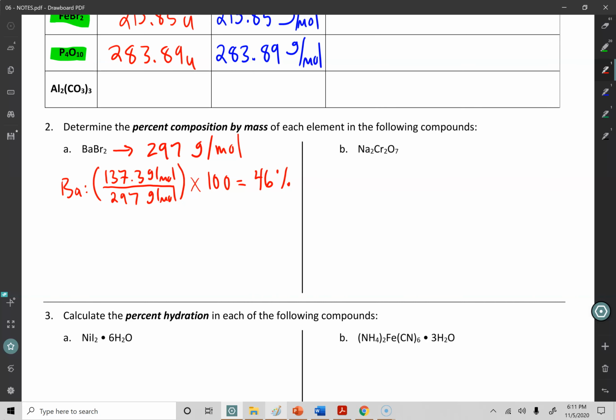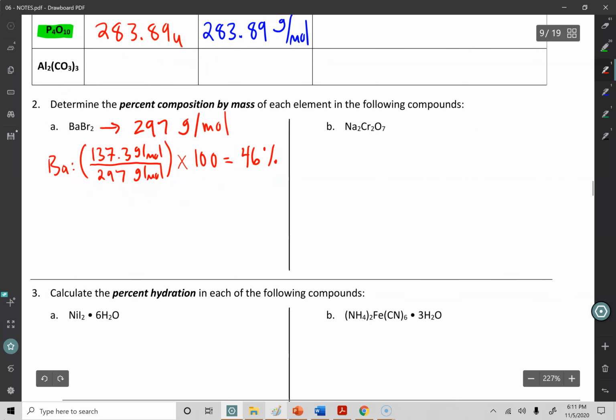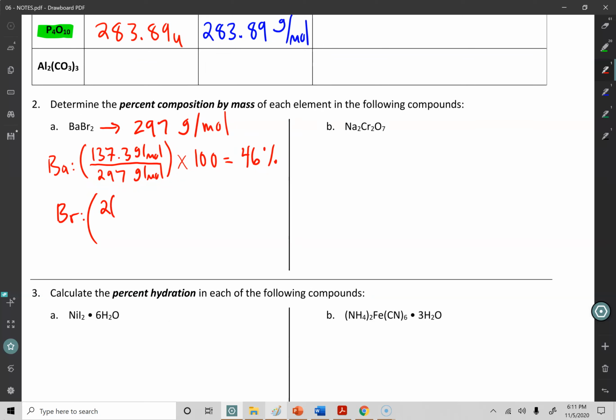Again, since this is just a binary ionic compound, we can assume that the remaining 54% is made up of bromine. Let's prove it mathematically. I know I've got 2 moles of bromine present per mole of barium bromide. And bromine has a molar mass of about 79.9 grams per mole.